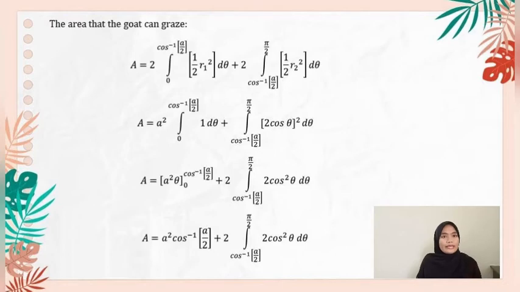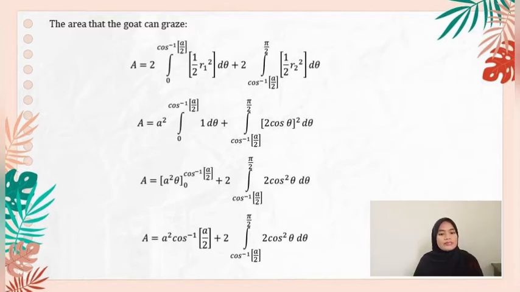So, the area the goat can graze is 2 multiplied by the integration of 1 over 2 r1 square d theta with the limit 0 until cos inverse a over 2, which we get from the intersection of the first circle and the second circle. Then we plus 2 multiplied by the integration of 1 over 2 r2 square d theta, with the limit from cos inverse a over 2 until pi over 2.